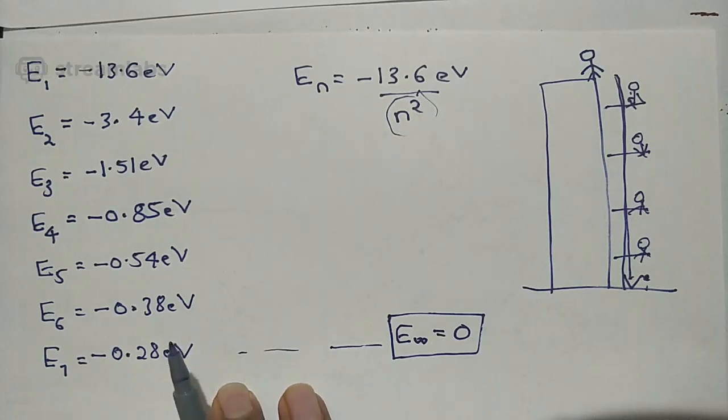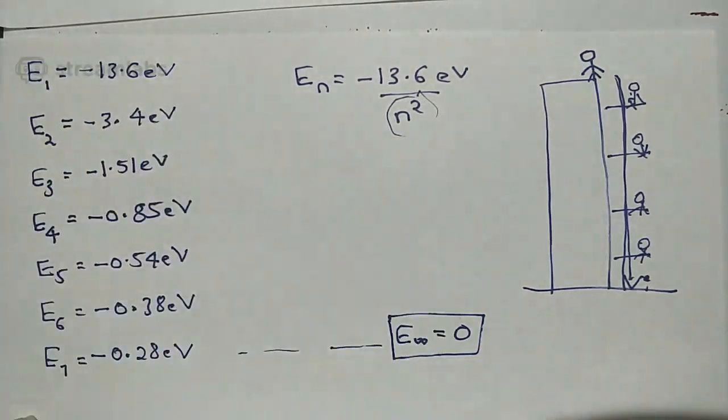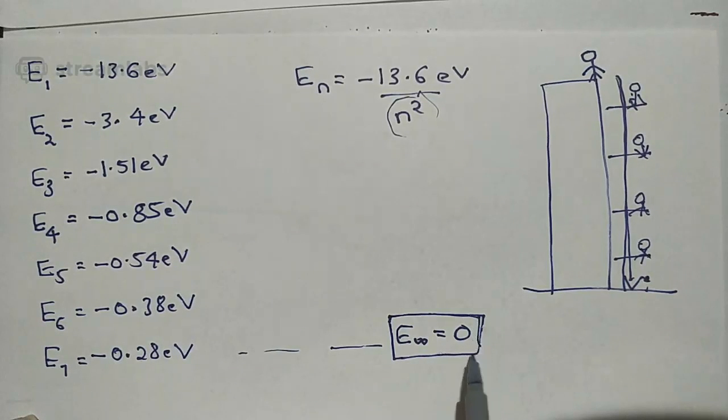This also boosts Bohr's quantization rule. So this is some idea regarding the energy levels of the hydrogen atom, and when the electron is at infinite distance, there is no interaction between electron and nucleus, so its energy becomes 0.